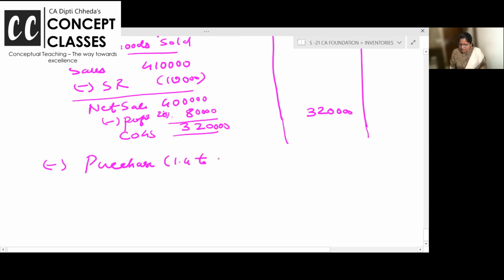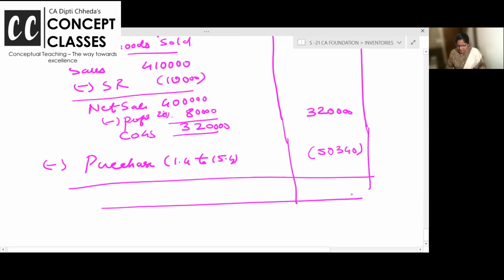From 1st April to 15th April, what are the purchases? और वो purchases आप minus कर दो. What is the value of the purchases? Cash purchase doesn't matter. Purchase is purchase, sale is sale. 50,340. That's it.